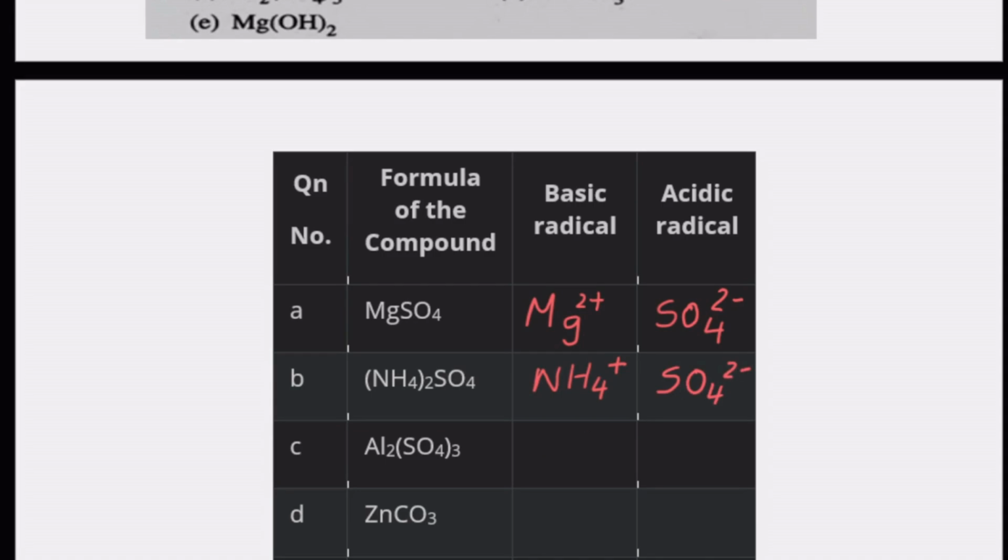Next one is aluminium sulfate. Aluminium is the basic radical and sulfate is the acidic radical. Al, we know that the valency of aluminium is 3 plus, and sulfate once again SO4 2 minus.